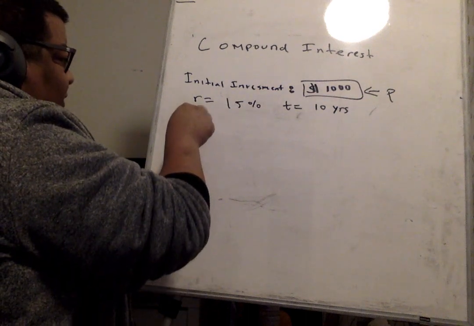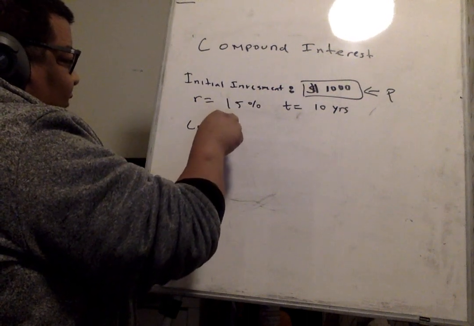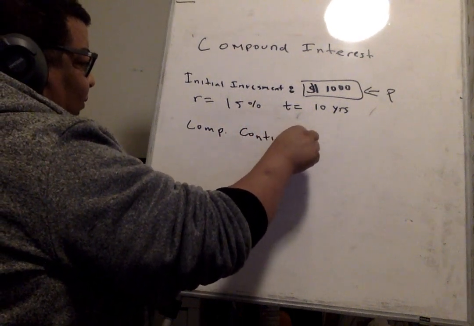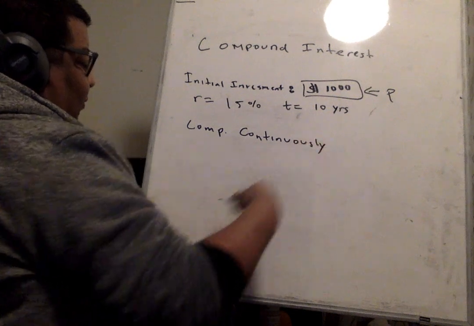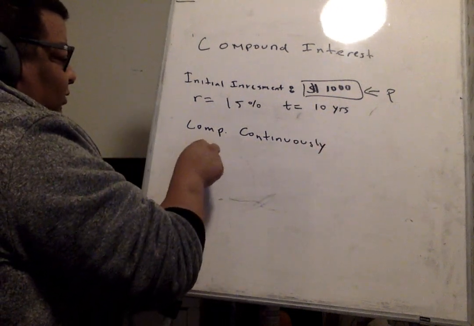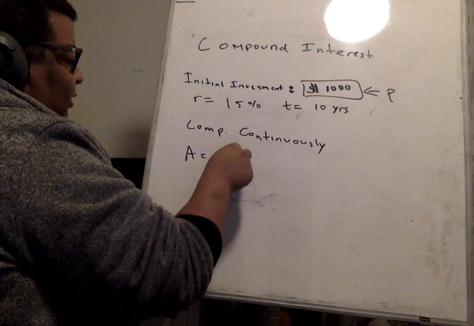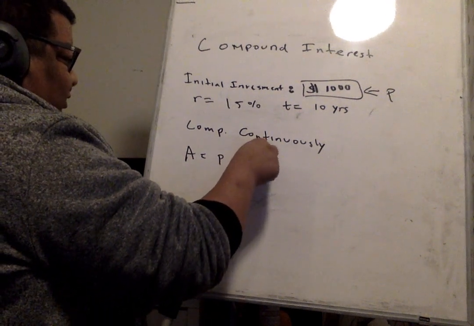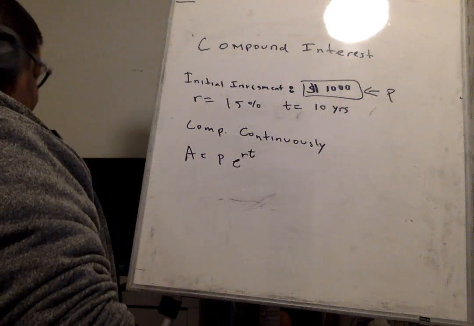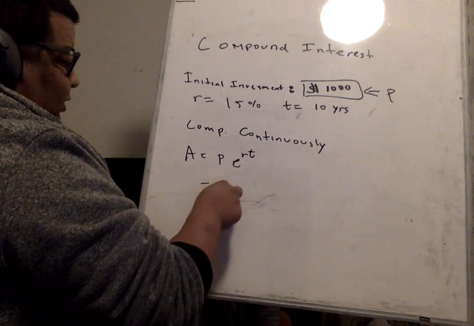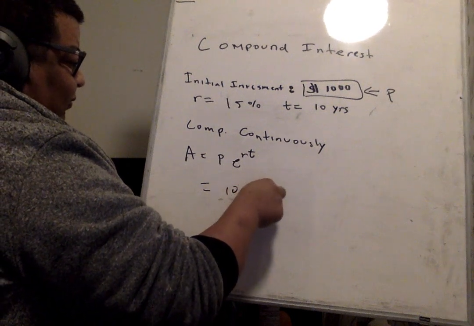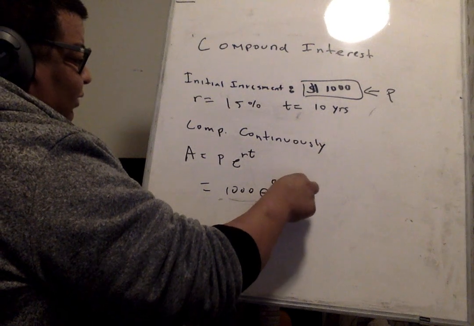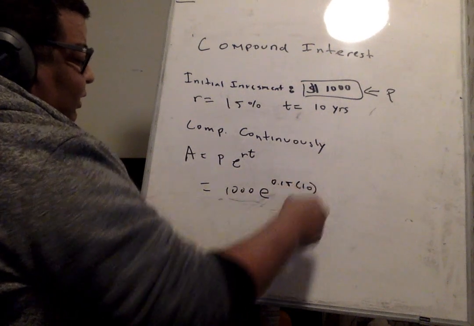Now what happens if we compound continuously? That means that your formula is going to look like this. A equals Pe^(rt). Then that's equal to 1,000 e^(0.15 times 10), the rate over a 10-year period.